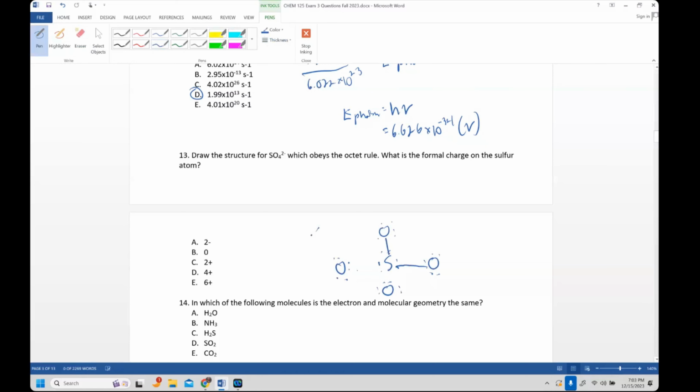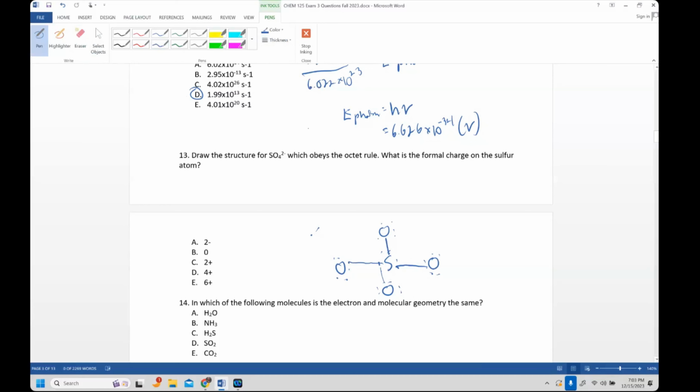So if we make single bonds with everything, I don't know why I did that. Let me erase that line. We make single bonds. Now, the sulfur has 2, 4, 6, 8, 10 electrons.